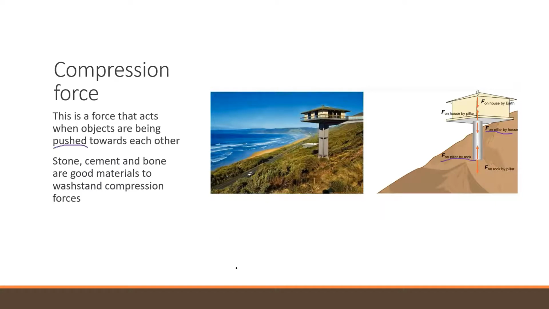This is also why there's a lot of analysis when you look at structures. This is why bridges are built the way that they are. So bridges, when they're built like this, the reason that they're built like this is because you can have a lot of compression, push down on things.